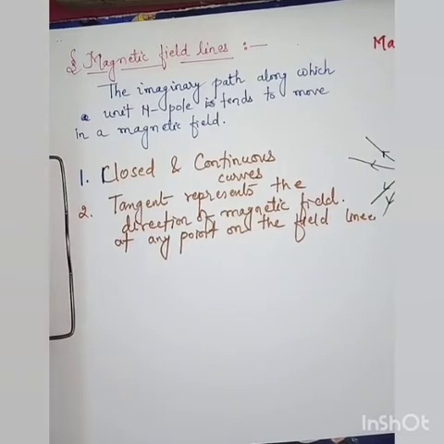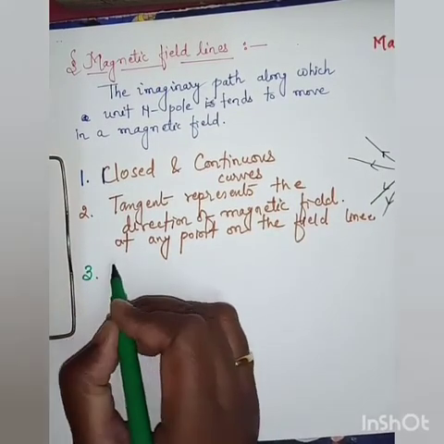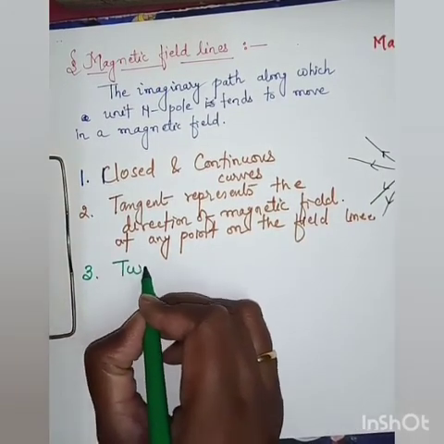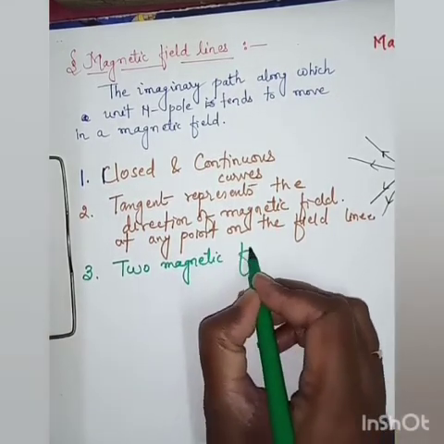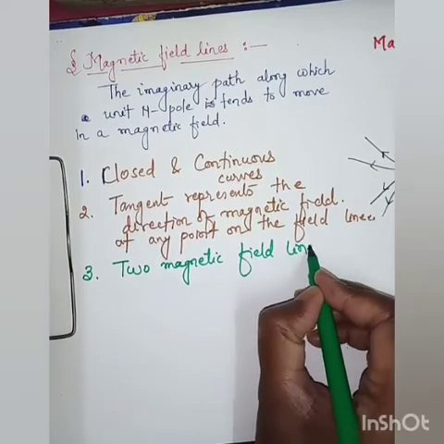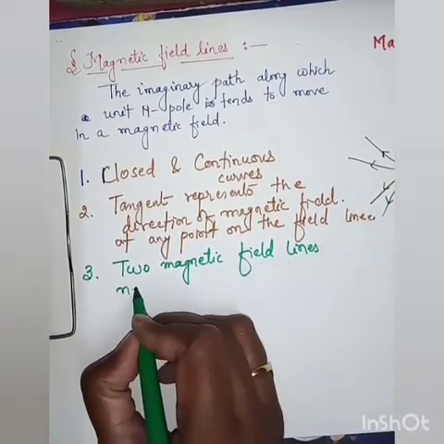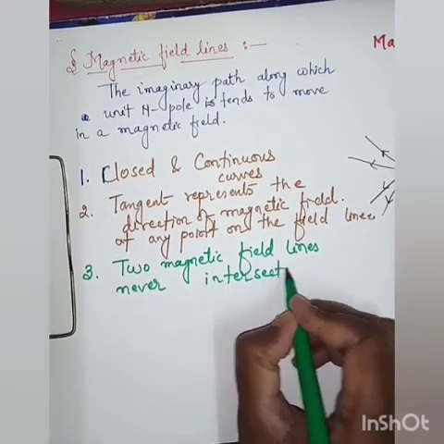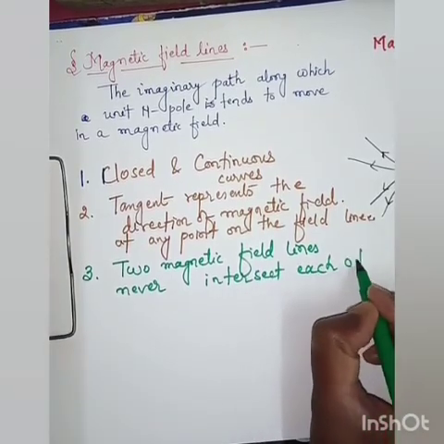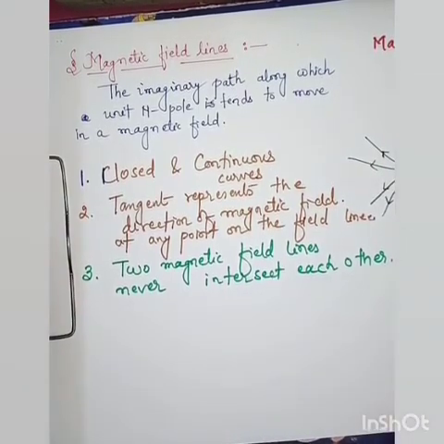Now the third property. What is the third property? Two magnetic field lines never intersect each other.